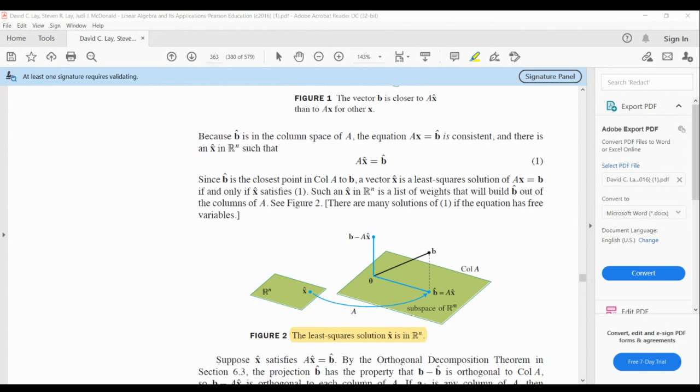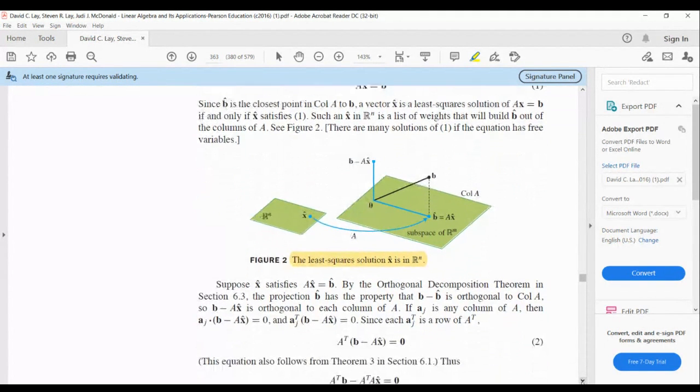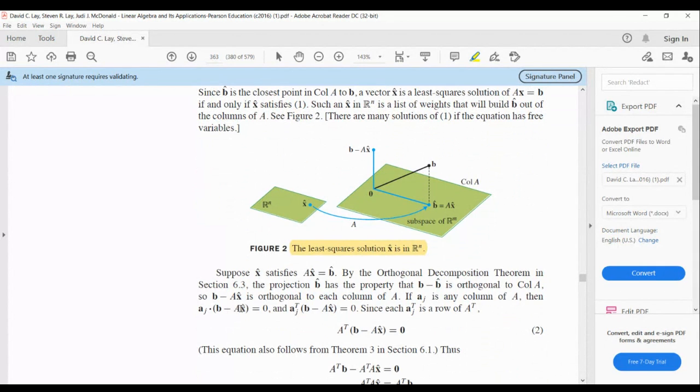So how do we find this x hat? Well, we can take advantage of a few things. You can see it even in the picture.